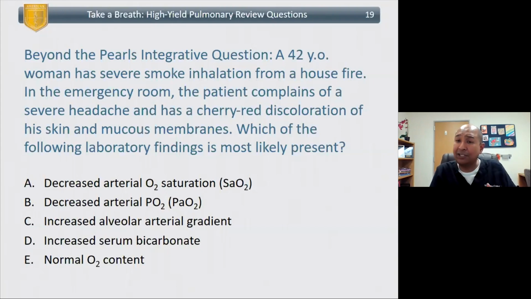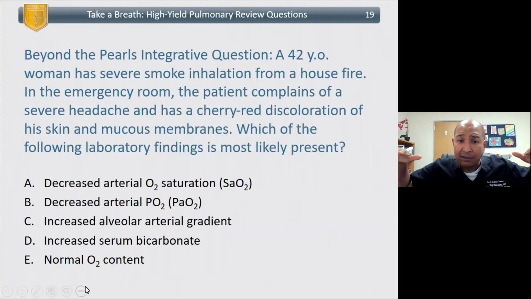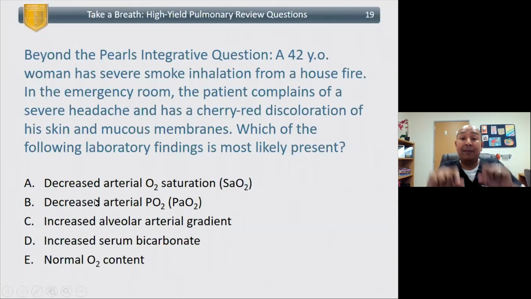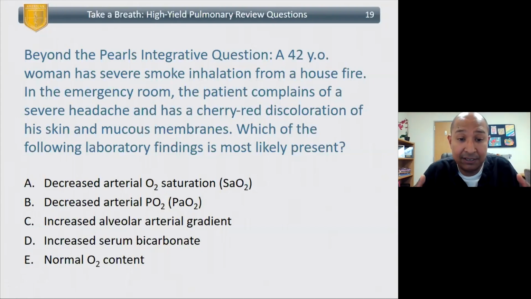So if the O2 sat is going down because carbon monoxide is stealing one of those binding spots, the total oxygen content can't be normal. It's got to be what? Low. So what is the right answer over here? The answer has to be A, a decreased oxygen saturation.